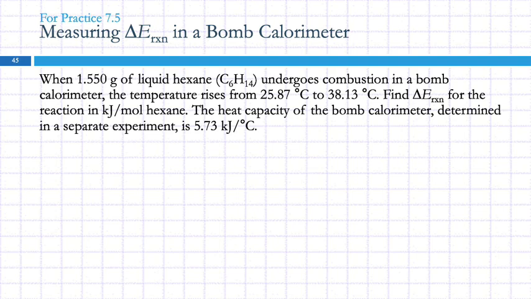When 1.550 grams of liquid hexane undergoes combustion in a bomb calorimeter, the temperature rises from 25.87 degrees Celsius to 38.13 degrees Celsius. Find delta E reaction for the reaction in kilojoules per mole of hexane. The heat capacity of the bomb calorimeter, determined in a separate experiment, is 5.73 kilojoules per degree Celsius.